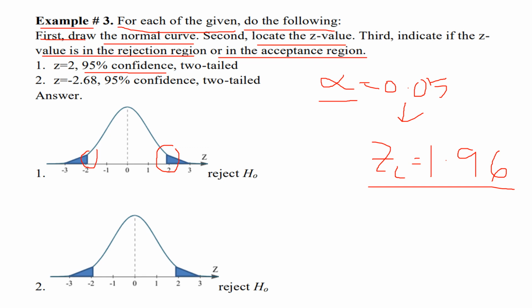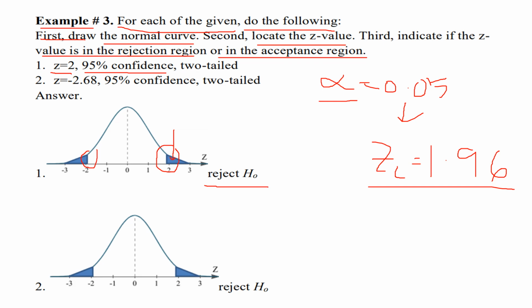So that will be a two-tailed test. Now, if we put this Z, which is equal to positive 2, here, that will be inside your critical region. That's why you're going to reject your null hypothesis.